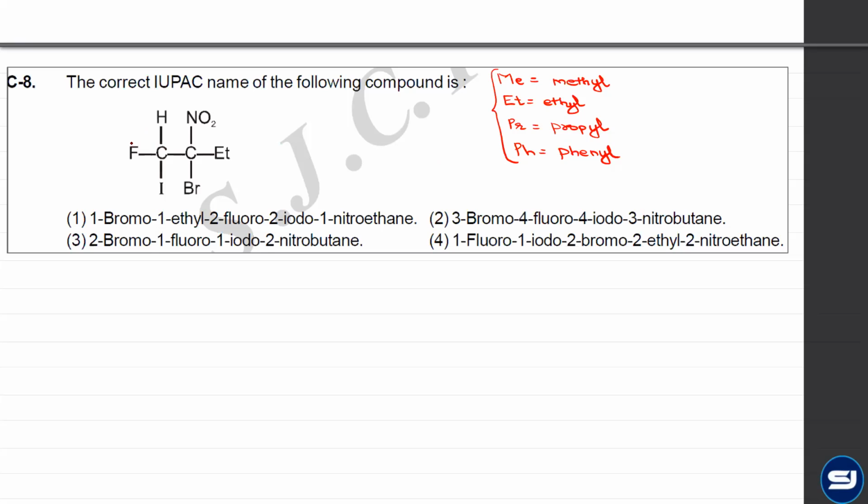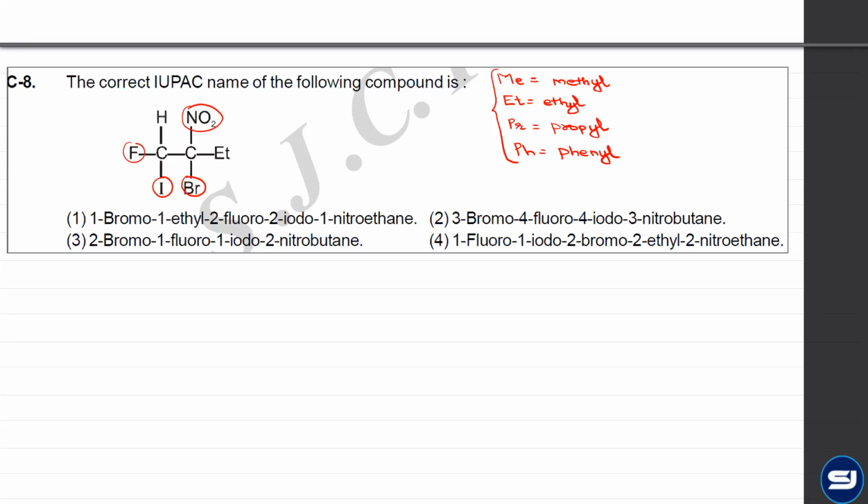So here the groups which you see are fluoro, iodo, bromo, and nitro. What can you comment on their priorities? All are least priority. So if all are of least priority, then they are simply considered as substituents, and you should number it such that they get the lowest possible number.